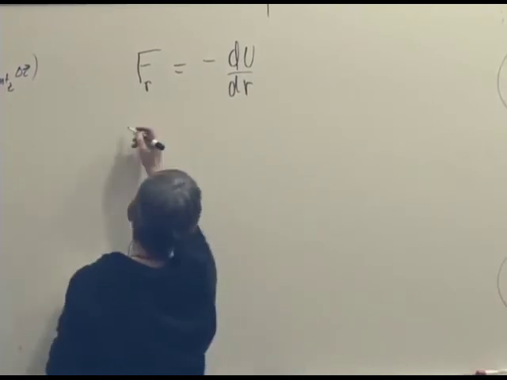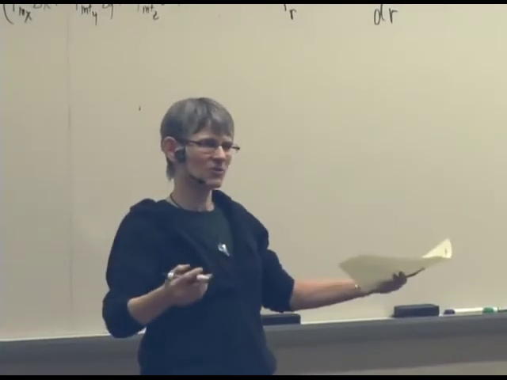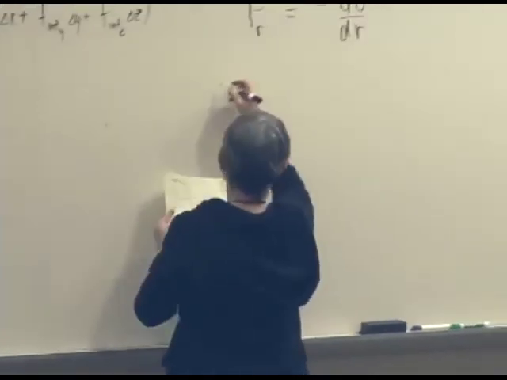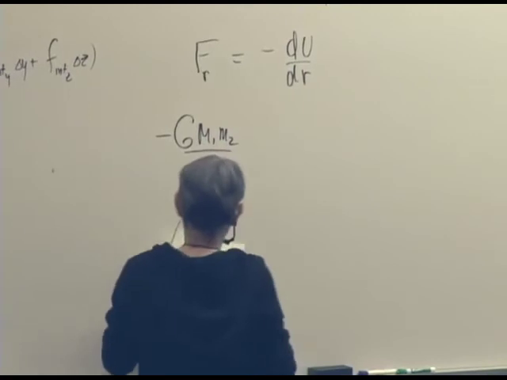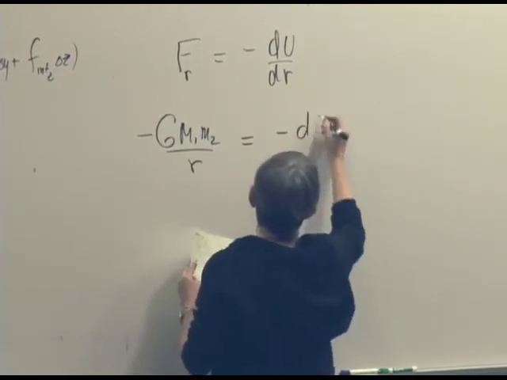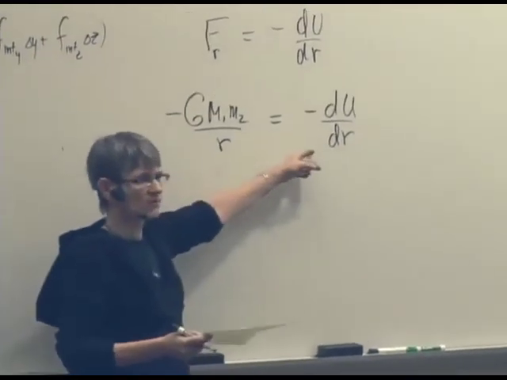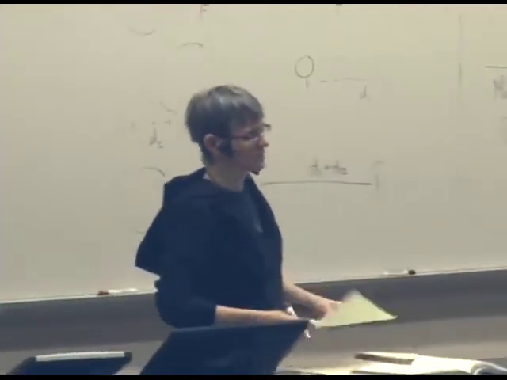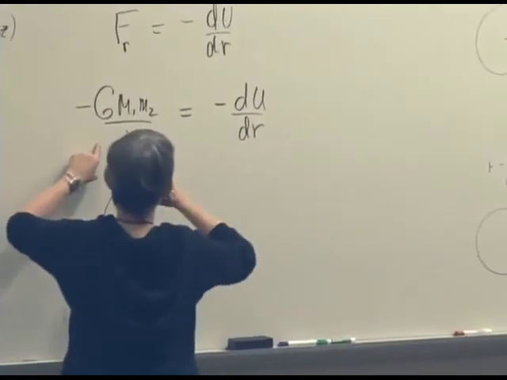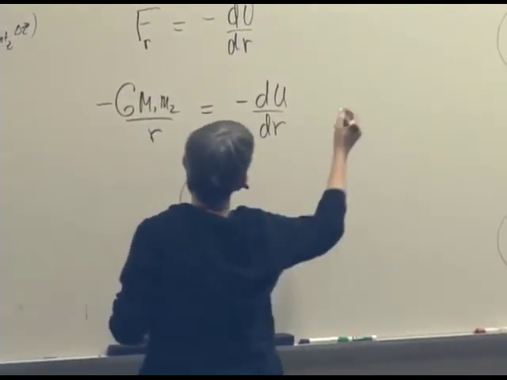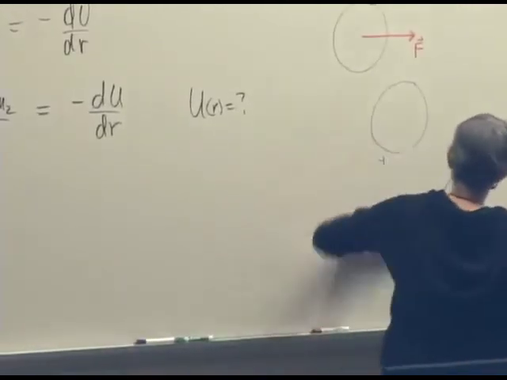The R component of the gravitational force, the component of gravitational force in the direction of R hat, is going to be minus G M1 M2 over R squared. And that's equal to minus dU/dr for some function U. Now we can figure out what the function U is that gives us the gravitational potential energy. We ought to be able to use this to take an antiderivative, and so we can write U of r equal to something. So all we need to do is take an antiderivative.